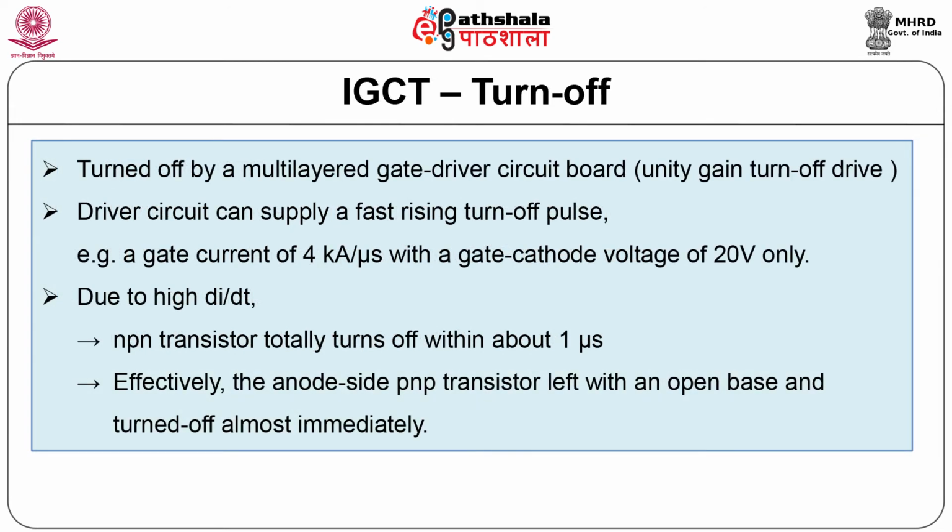To turn off, it will require a high gate current pulse with very low gate cathode voltage. Generally, the gate cathode voltage used is 20 volt only. Due to high di by dt, the NPN transistor totally turns off within 1 microsecond. Effectively, the anode side PNP transistor is left with an open base and turns off almost immediately.